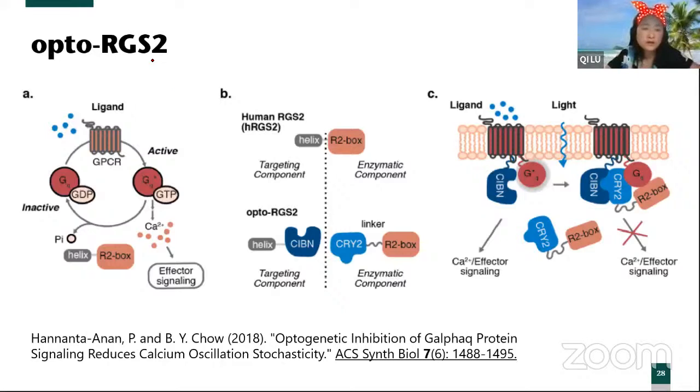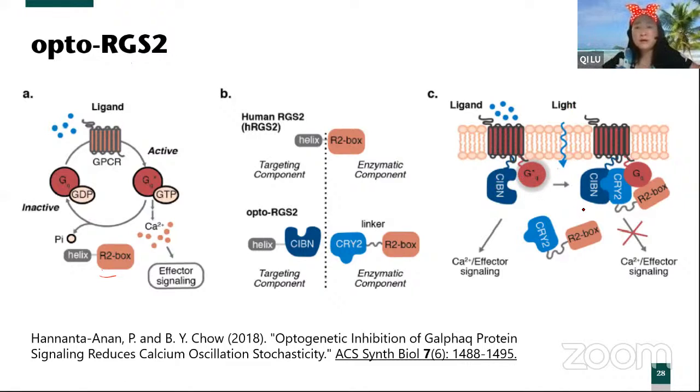RGS2 is not directly with the G protein. It's an accessory protein that can help the GQ proteins to hydrolyze the GTP into GDP, terminating the activation of the G protein. So how this works: at the resting state with ligand stimulation, the receptor and GQ systems are at work.